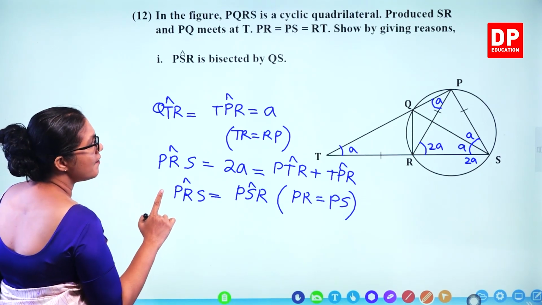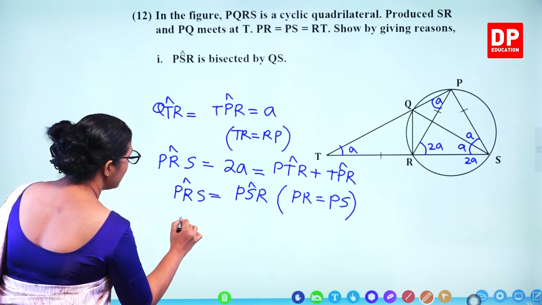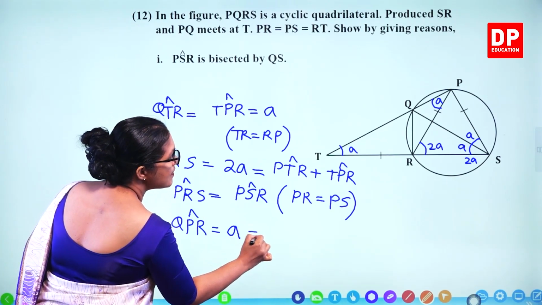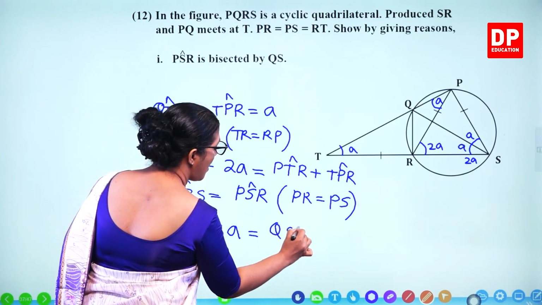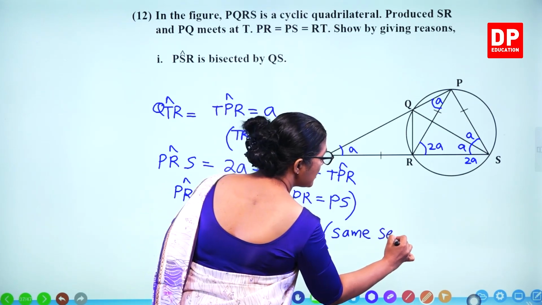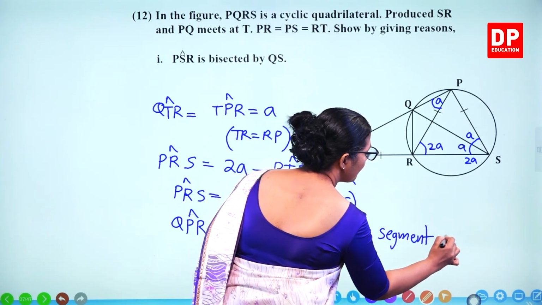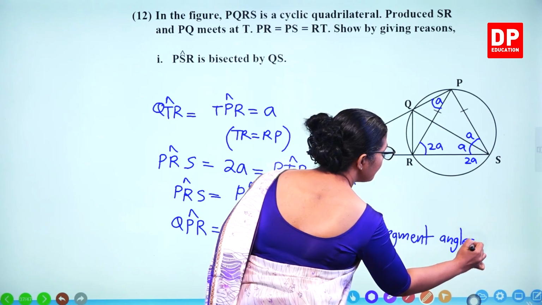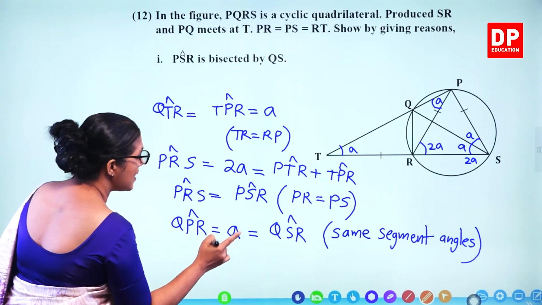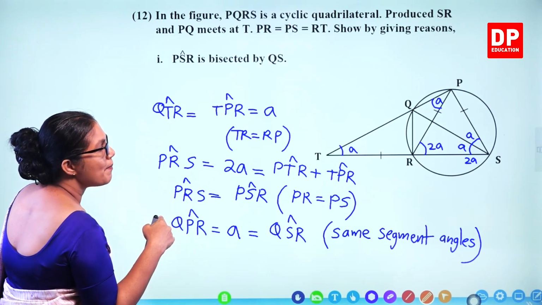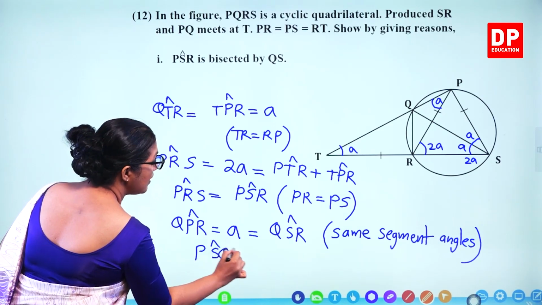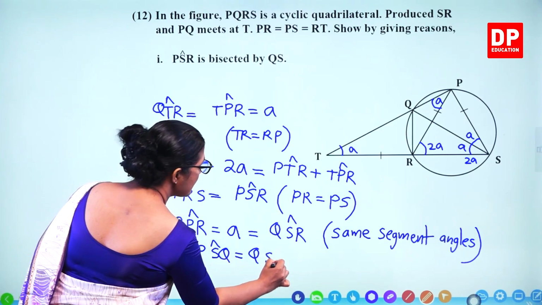And also we can write angle QPR, that's A, is the same as angle QSR because of same segment angles. Now if this is A, by subtracting 2A minus A, angle PSQ is the same as angle QSR.